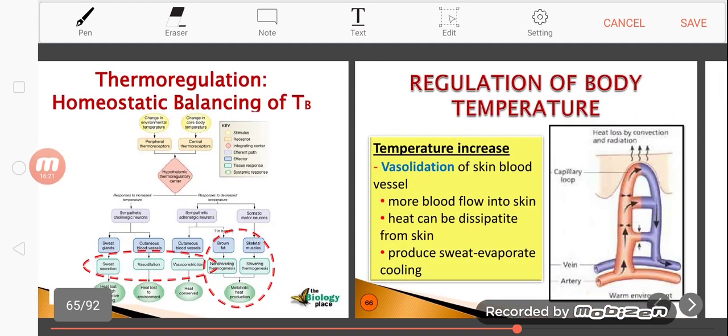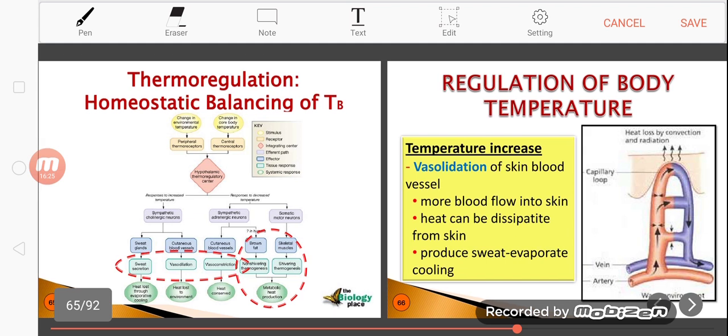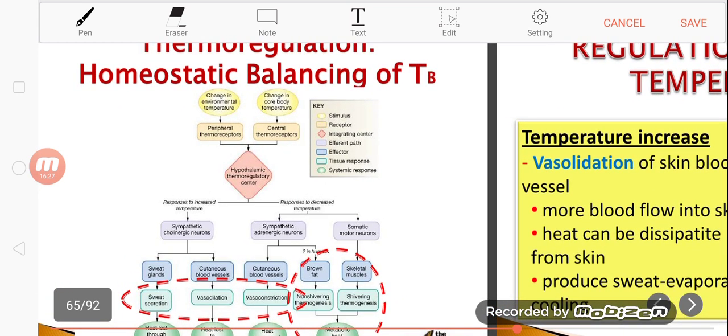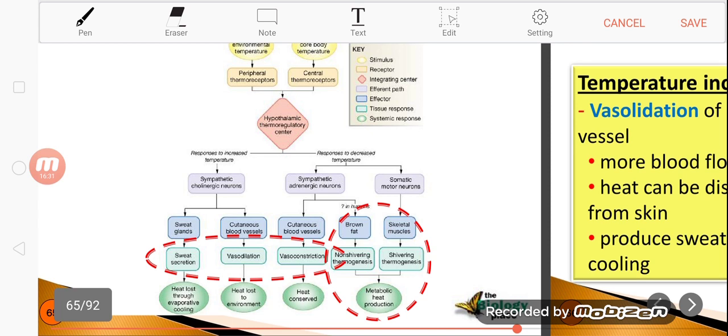Thermoregulation. Okay, so to wrap up thermoregulation, the homeostatic balancing of body temperature. In the early part of our learning session, we covered the physiological thermoregulation, right?